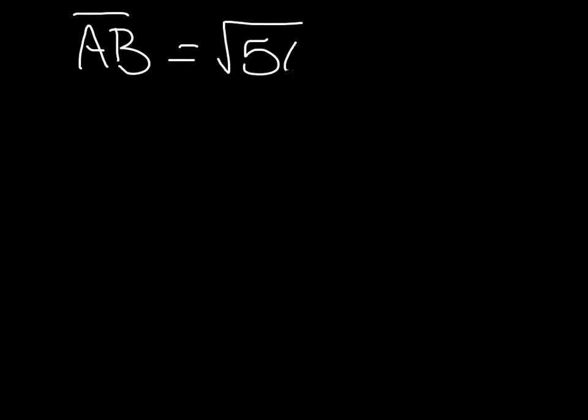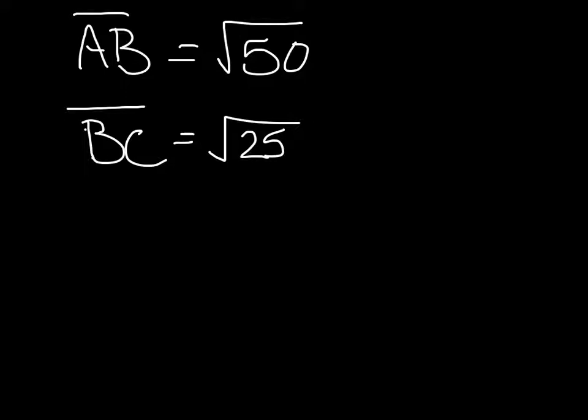So if you recall, the side AB equals the square root of 50. The side BC equals the square root of 25. And the side AC equals the square root of 25 also.